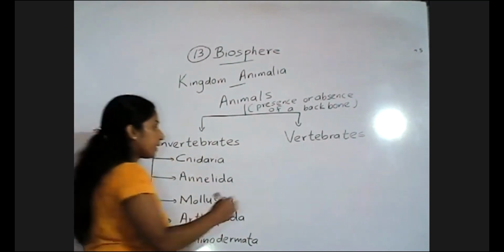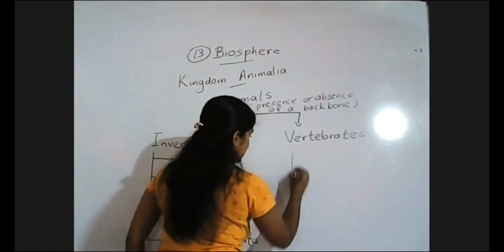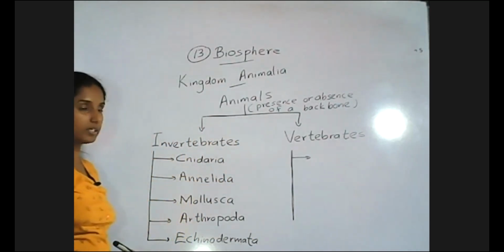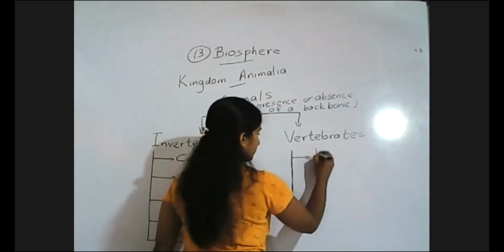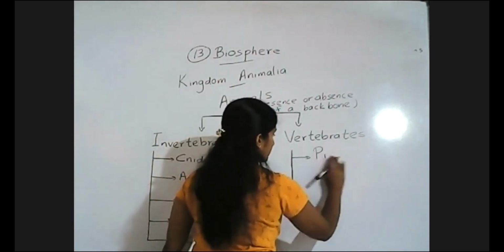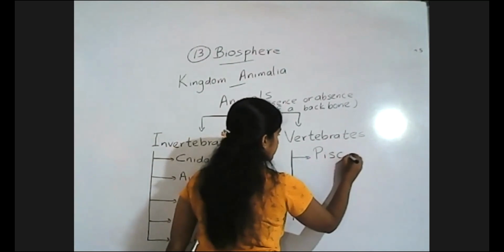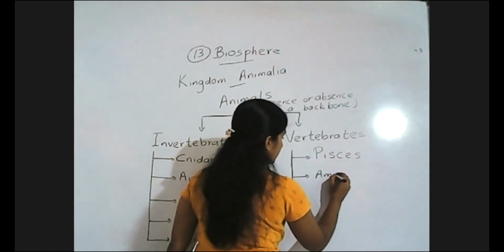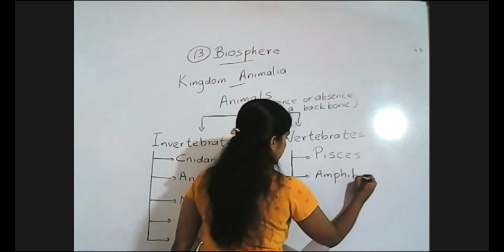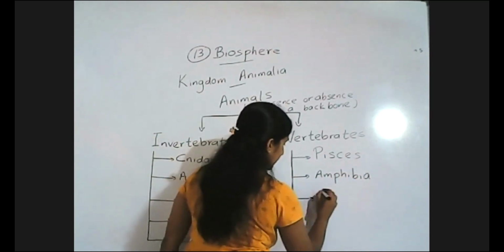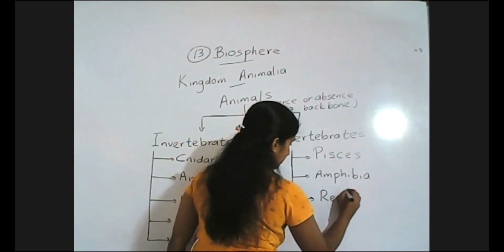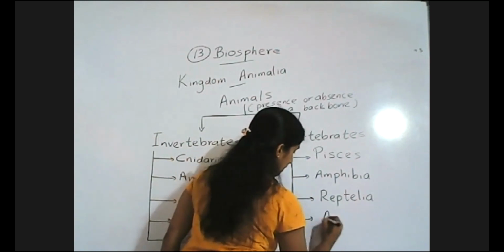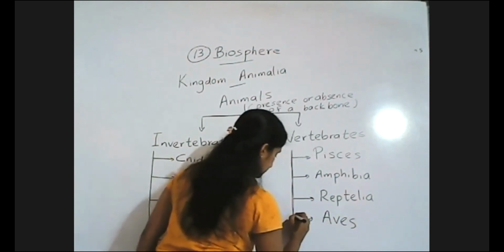And what are the vertebrate groups? That means they have a backbone. Pisces, amphibia, reptilia, aves, and mammals.